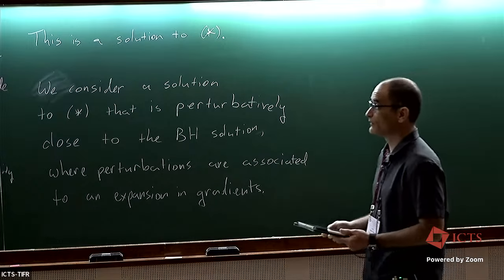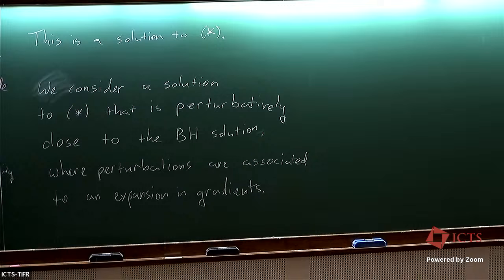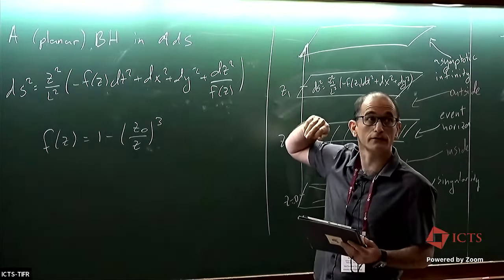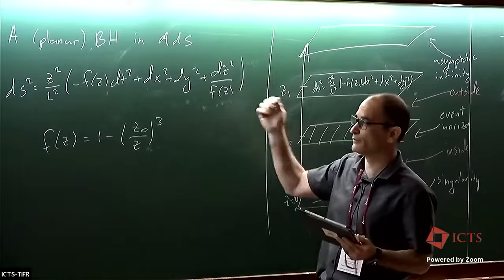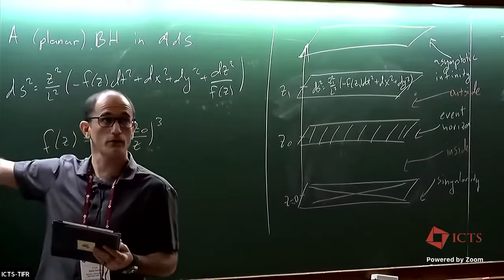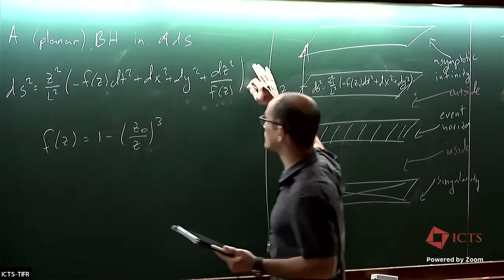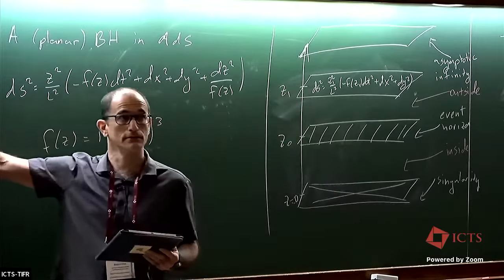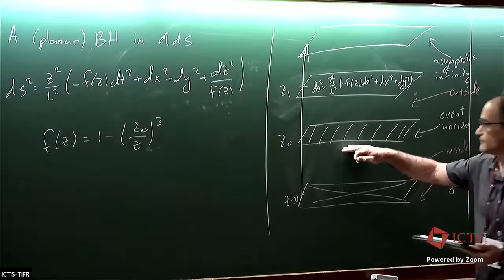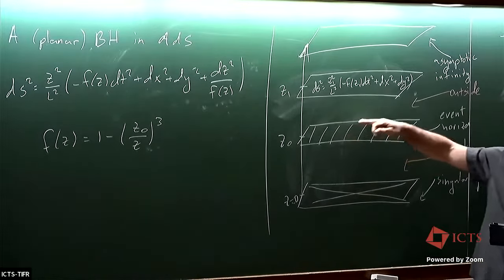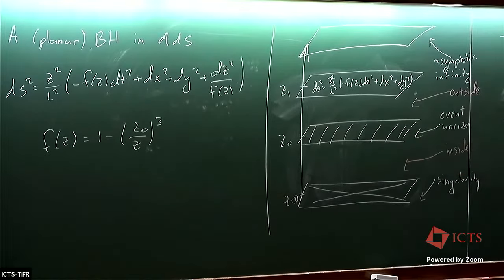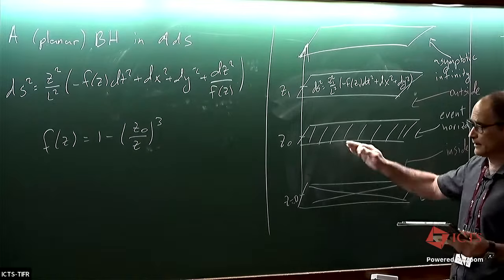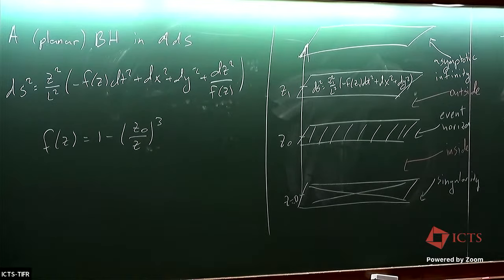What this means is we start from this solution and add to it another unknown term, but we require that this unknown term vanishes when gradients are small. We can plug this into the Einstein equations and expand perturbatively in this extra term, and then see what we get. That will give us some black brane configuration where the event horizon is dynamical, but at scales which are large.